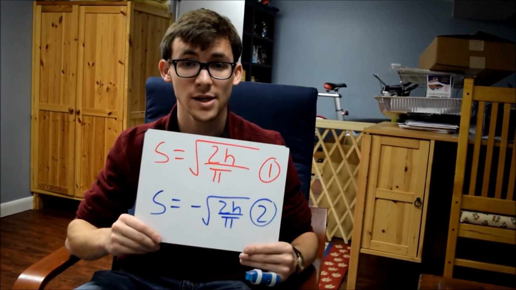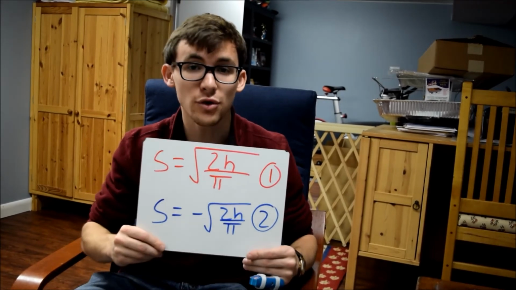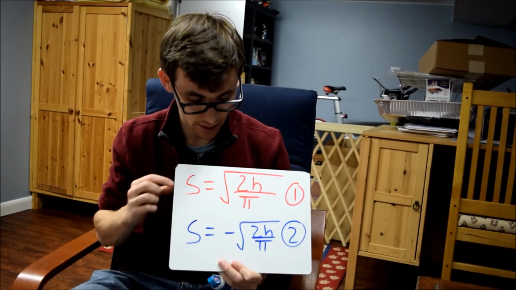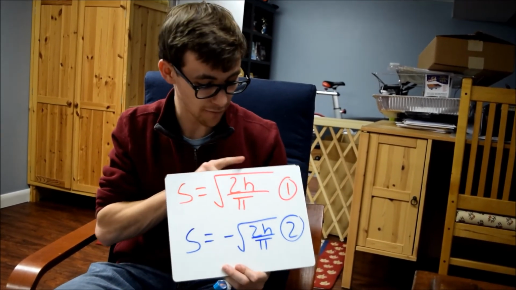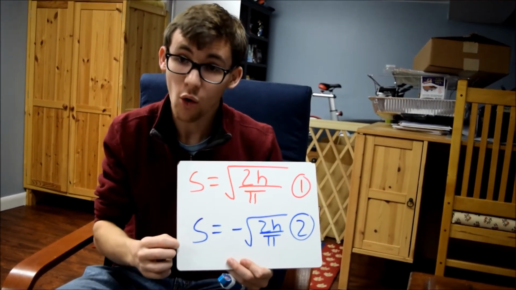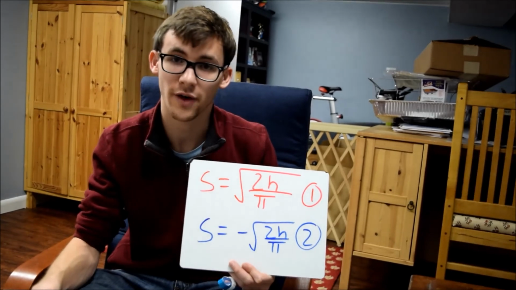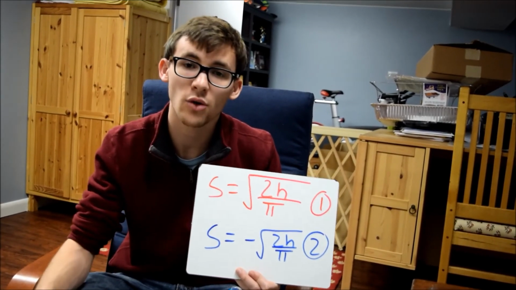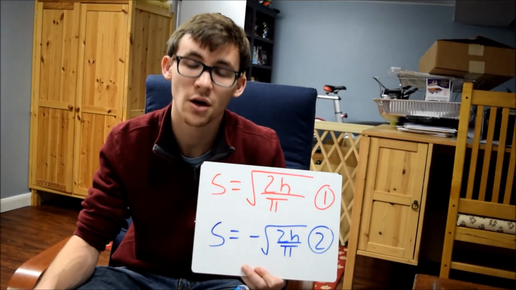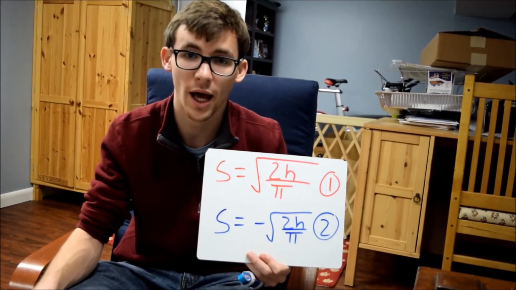When solving for s in this case, I came up with two different possibilities. s equals the positive square root of 2h divided by pi, or s equals the negative square root of 2h divided by pi. When I say go, turn and talk with your partner for 20 seconds. Which one is correct and why?